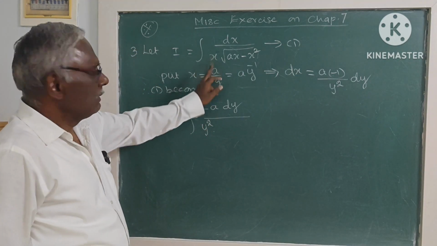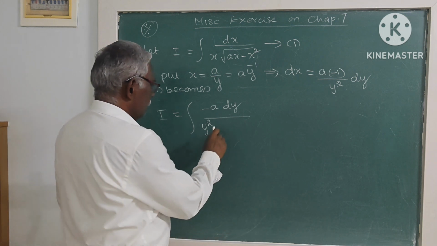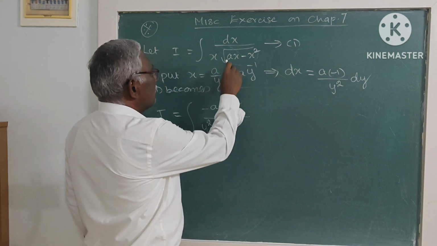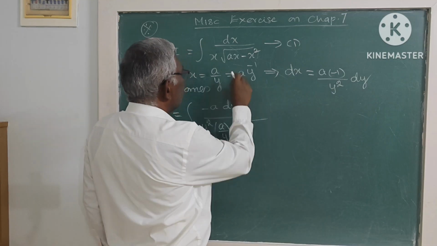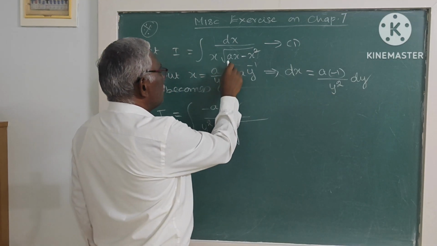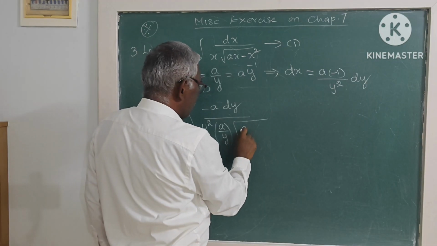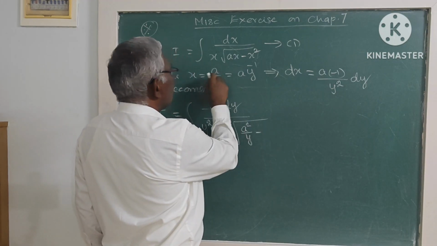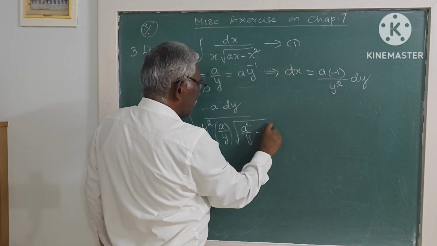What is x? x is a by y. Then under the square root, a minus x, with x equal to a by y, so a into a by y is a square by y, minus a square by y square.